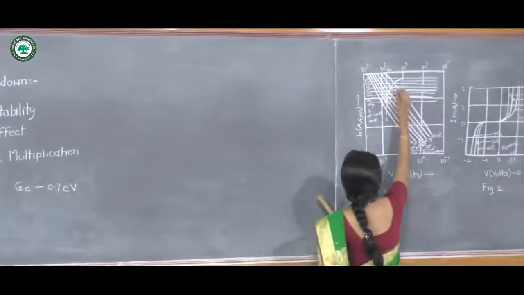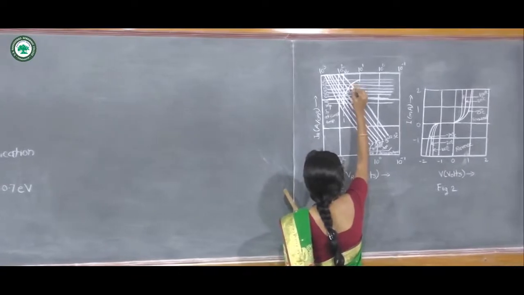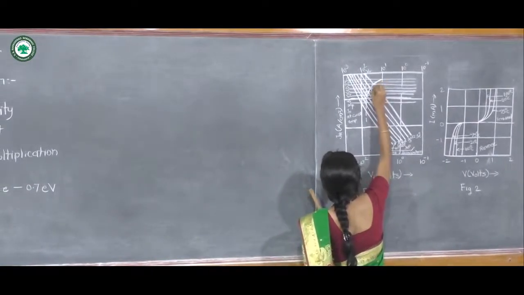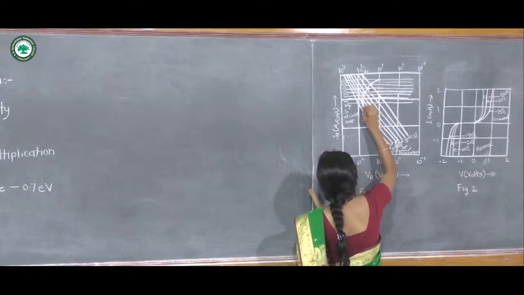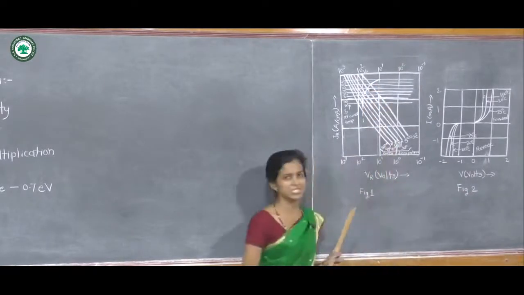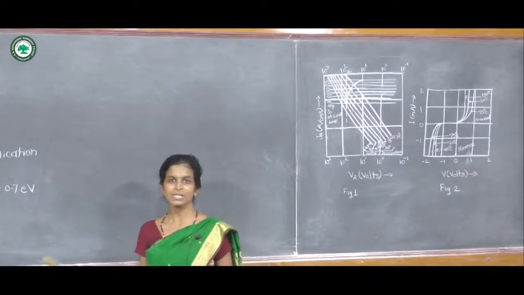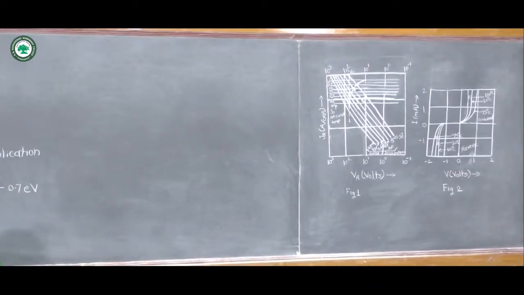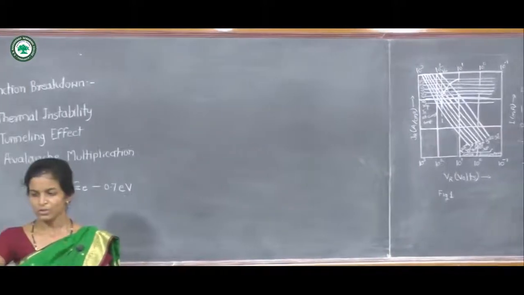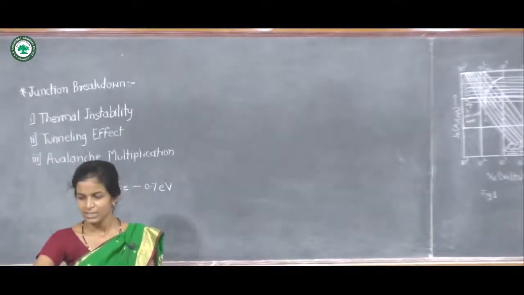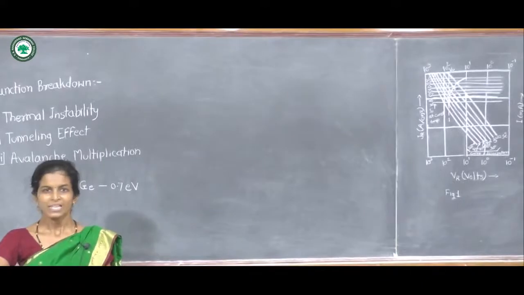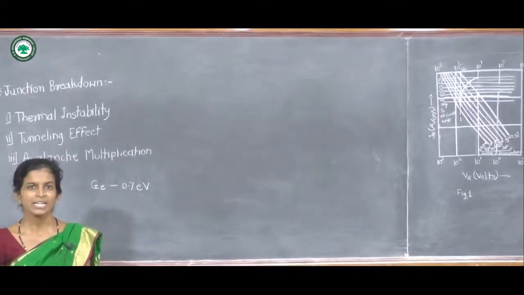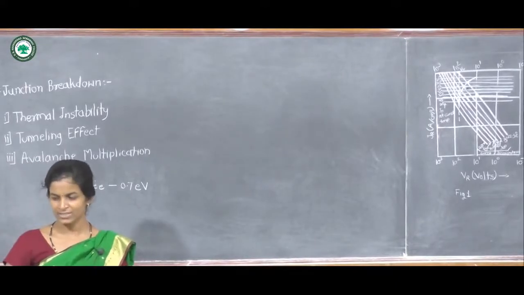So these are the points which are joined, which gives the reverse characteristic of the PN junction. Because of heat dissipation, the high reverse voltage characteristic shows negative differential resistance.